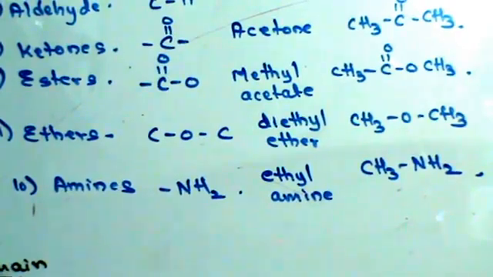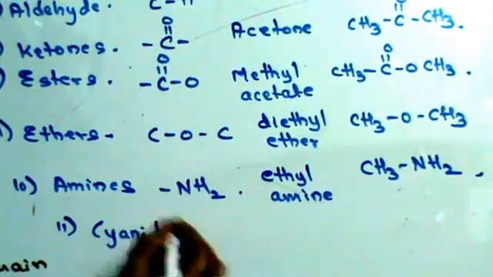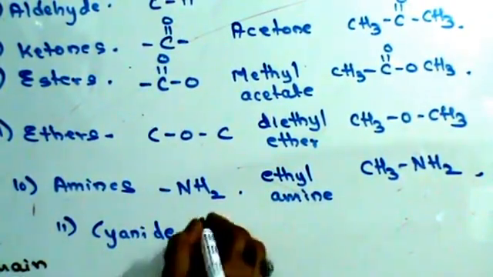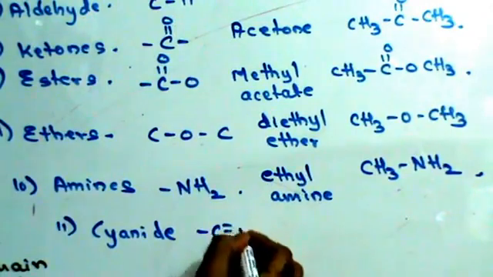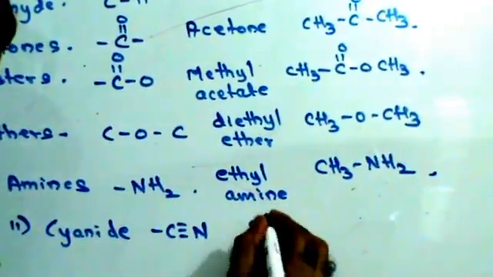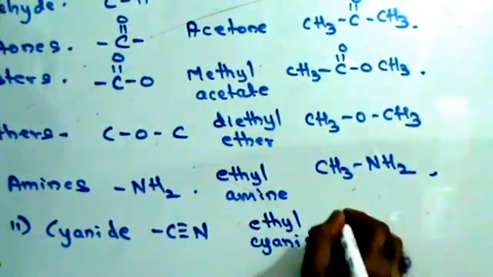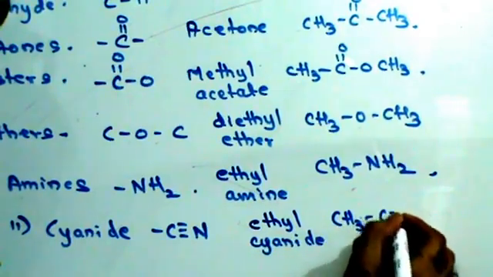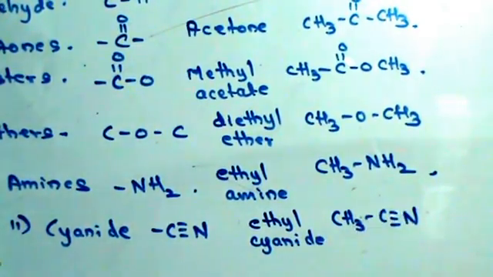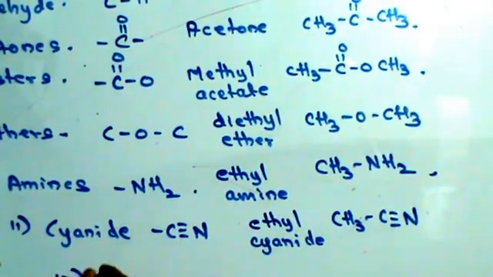Next, the functional group that you can have is cyanide, which is nothing but CN. You could have ethyl cyanide, CH3CN. And the last functional group that you can have is halide.